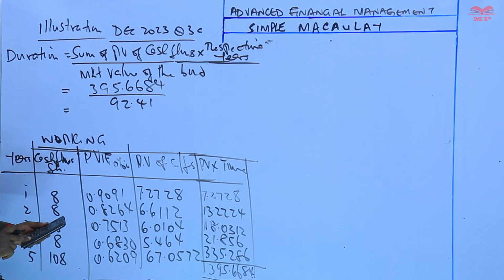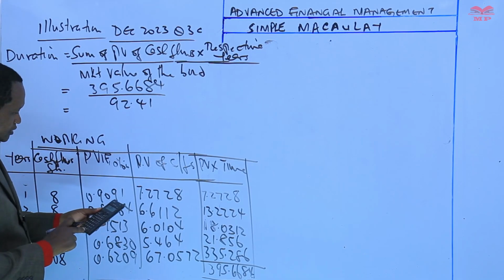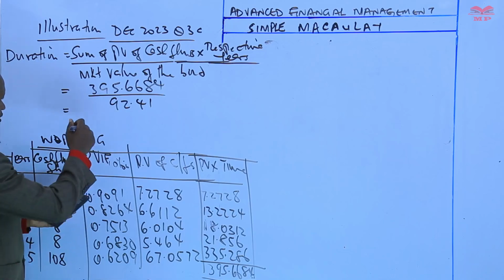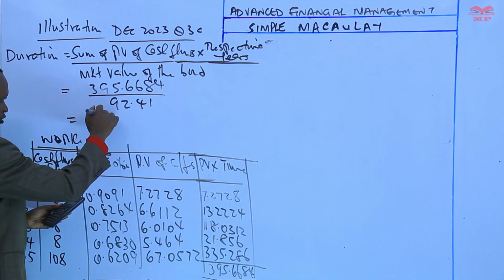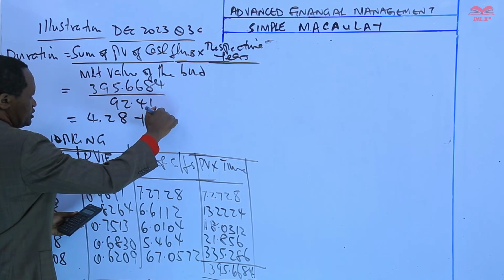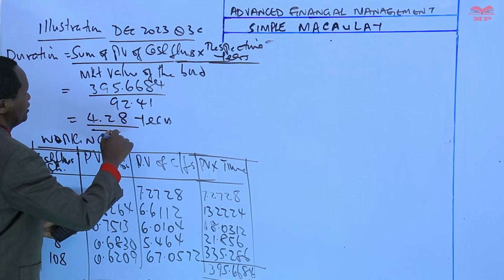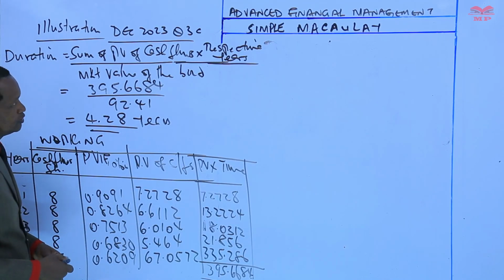So this will be equal to the answer divided by 92.41. My answer here is 4.28 years. That is the simple Macaulay duration.